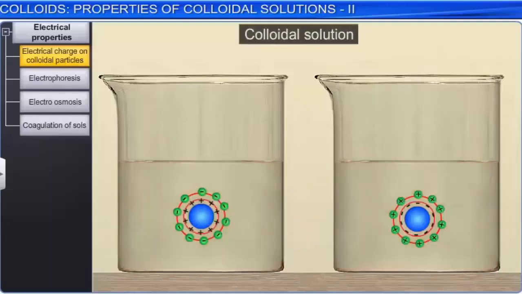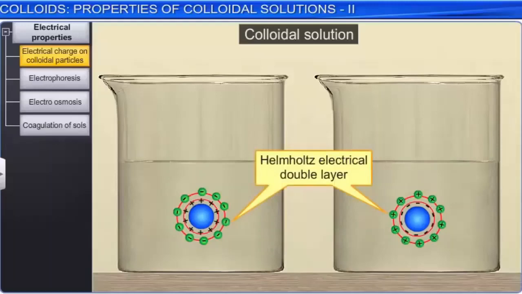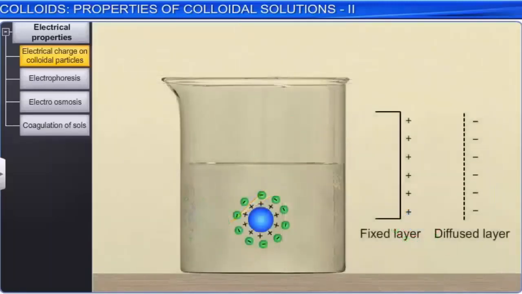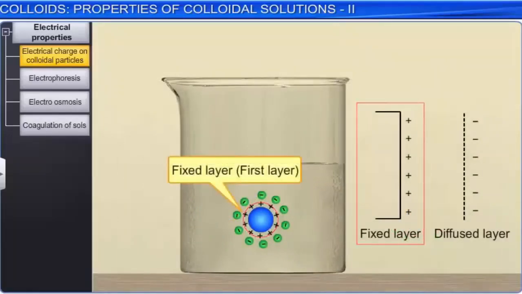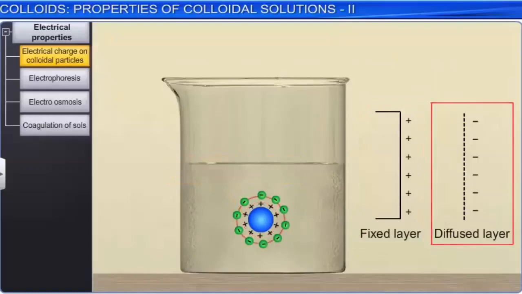The combination of two layers of opposite charges around a colloidal particle is called the Helmholtz electrical double layer. The first layer is firmly held and is called the fixed layer, while the second or outer layer is mobile and is termed the diffused layer.